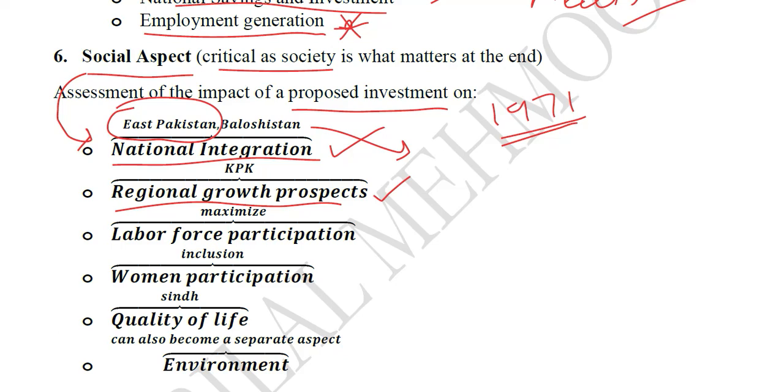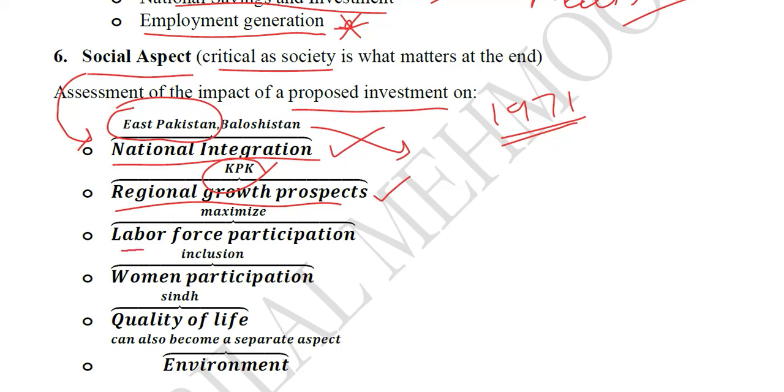For example, in Pakistan, KPK is that province that is growing at a good rate in addition to Punjab. Punjab has always been in the front, but KPK is now also doing well in this regard. So the project should also be considered about how the various regions are growing over time due to the projects.